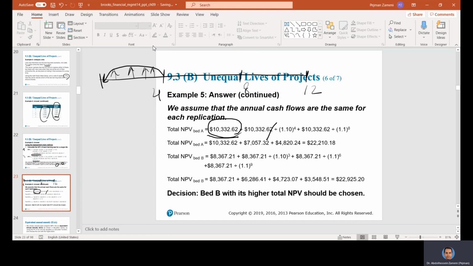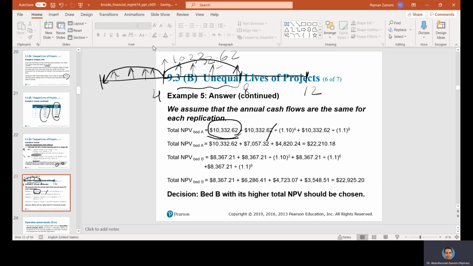The net present value for the cash flows for this period is here, which is equal to 10,332.62. Then we bring this number, discount it to year 0. That's why here we have the power 4.